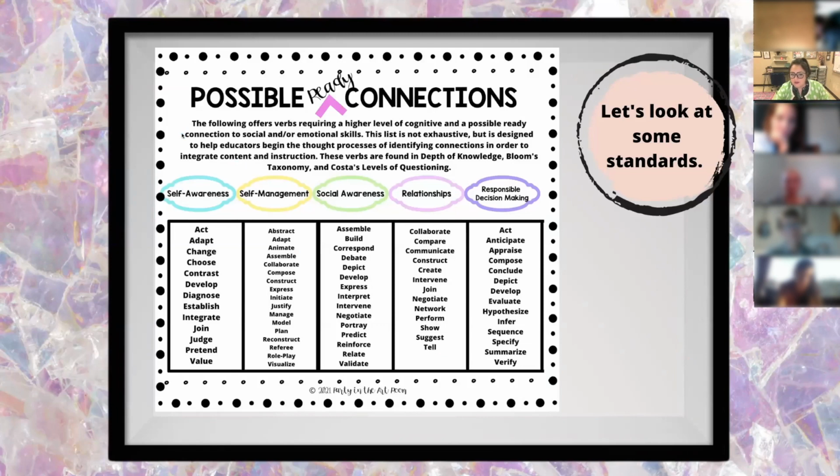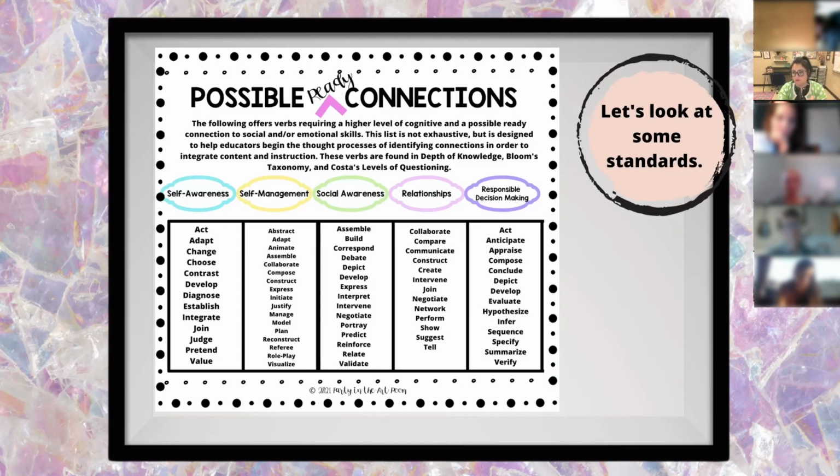All right, so here are some possible verbs. These verbs came from depth of knowledge, Bloom's taxonomy, and Costa's levels of questioning. It's not all of the verbs that go with those. I just kind of hand picked. So this is like a sampling of how this looks. Some of the verbs overlap, some don't. I've probably missed some overlap. It's not comprehensive.